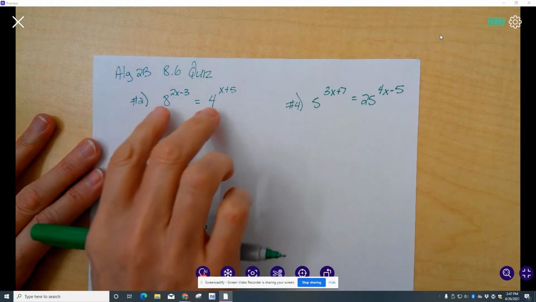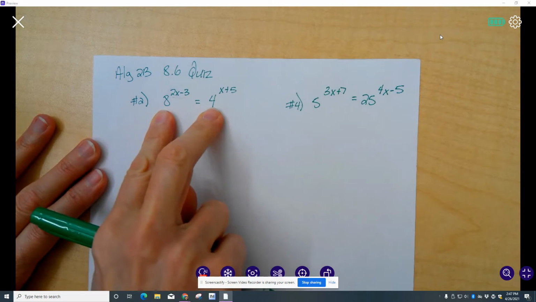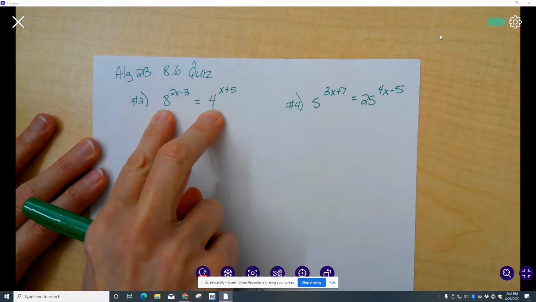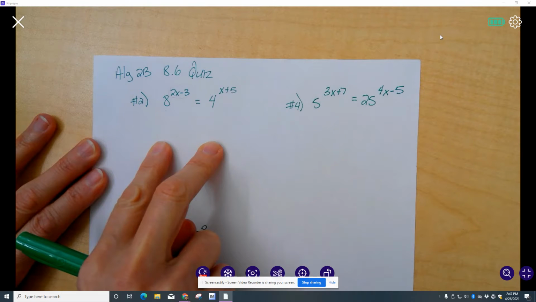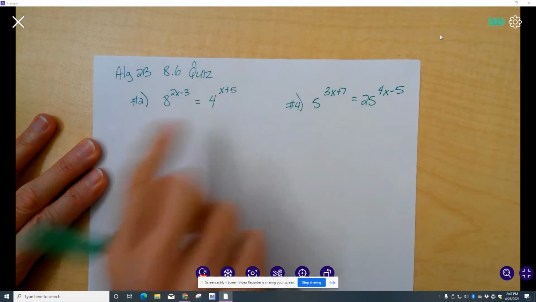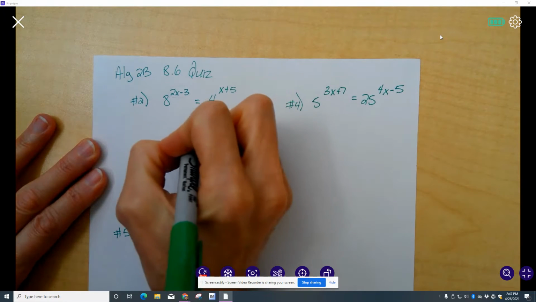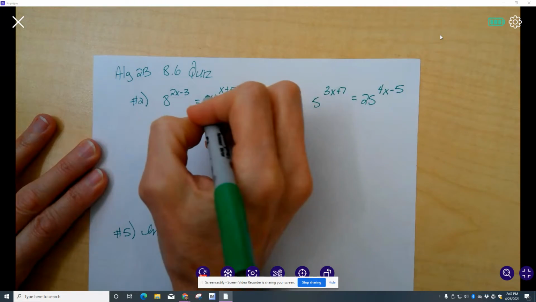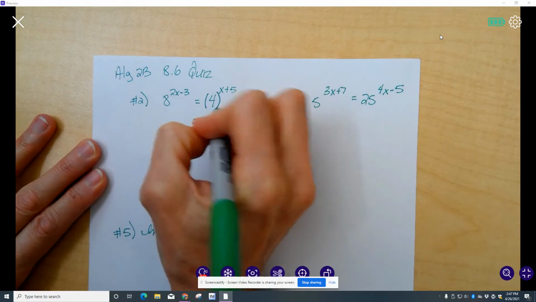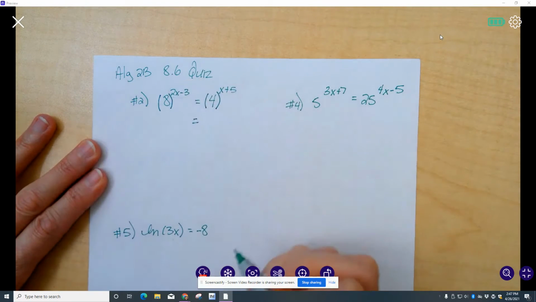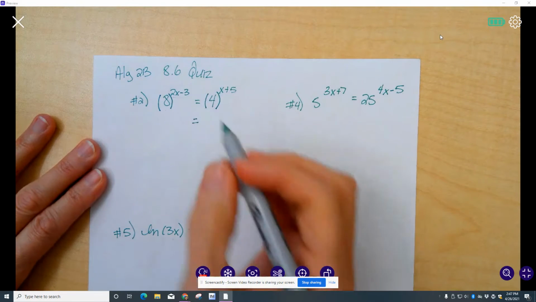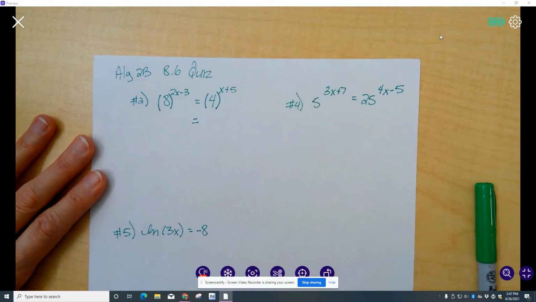So when that happens, you want to think, can I rewrite both these bases as a smaller base? So you're always going to a smaller base. If you think about it, I can rewrite both of these as a base 2. So I'm going to rewrite 4 as a base 2, and I'm going to rewrite 8 as a base 2. And I'm putting it in parentheses for a reason so you can see exactly what I'm rewriting.